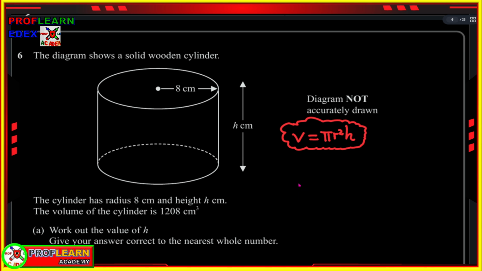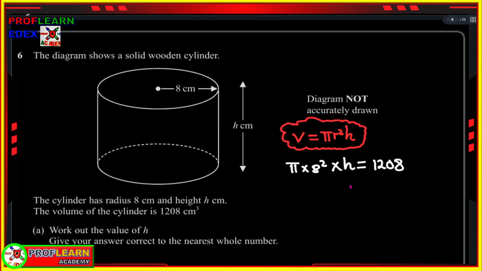Now, if the volume is given, so we are going to say pi times the radius, and the radius is 8, isn't it? 8 squared times the height, which we don't know, should be equal to the volume, which is 1208.